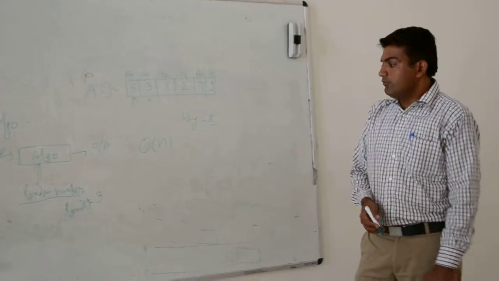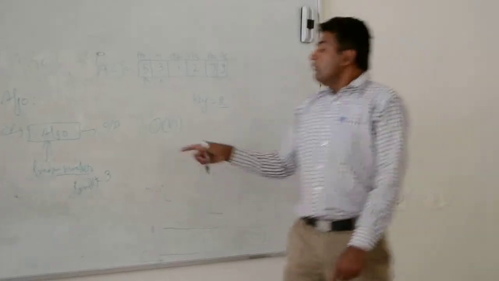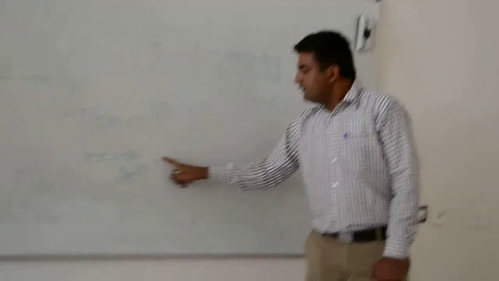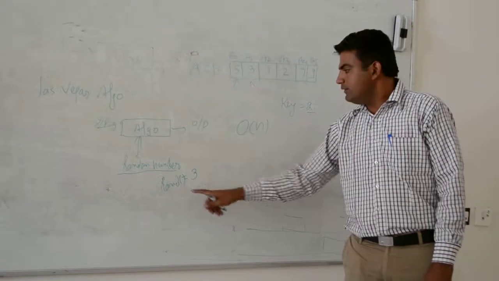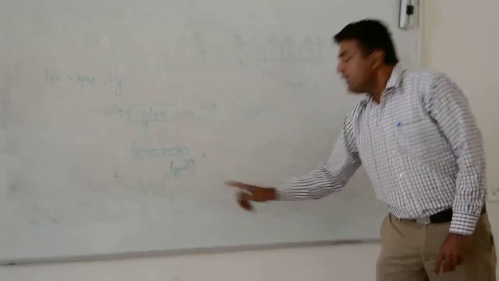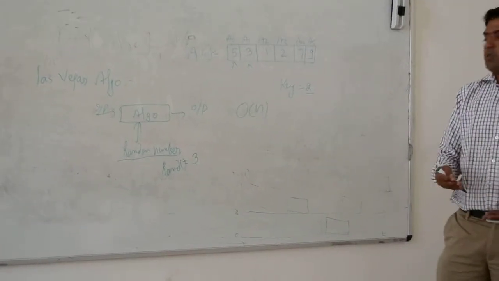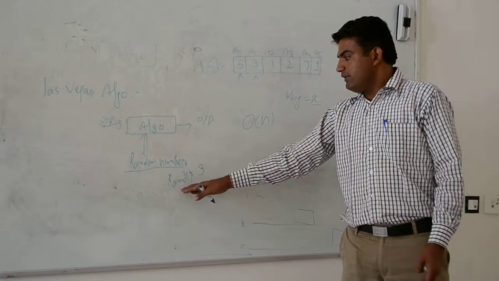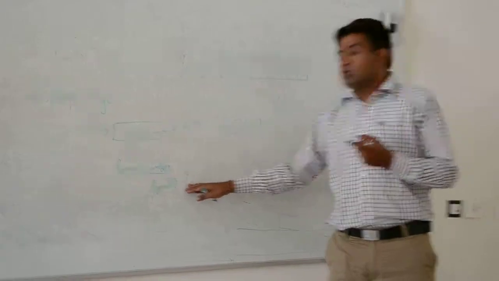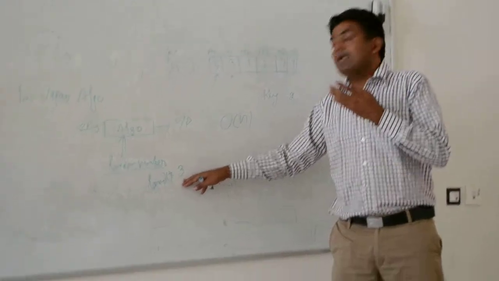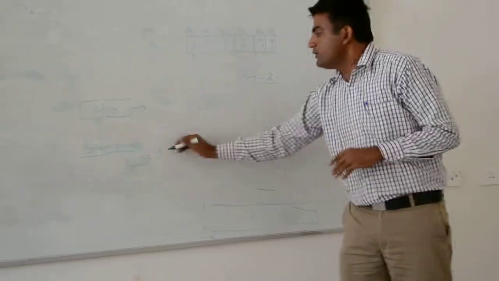Now we can link this number 3, this additional bit in the form of a random number, as an array location. So if the random number generated is 3, then 3 can be the array location.